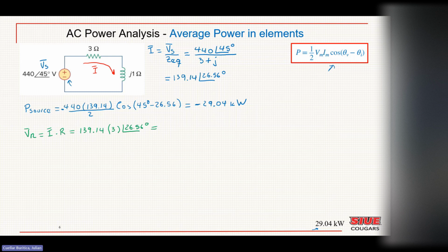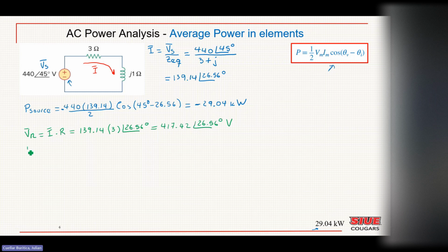Then it means, as we know, that the angle is going to be the same, and we just need to multiply the magnitude of the current times 3. That's equal to 417.42 at an angle of 26.56 degrees. And those are volts.